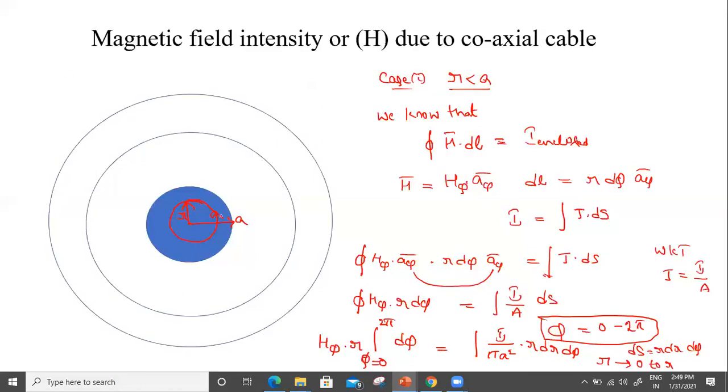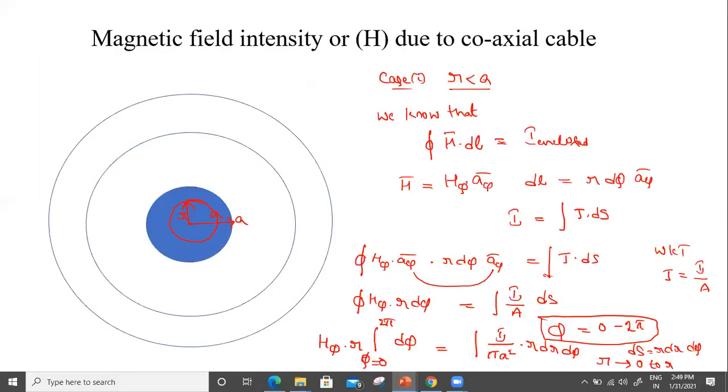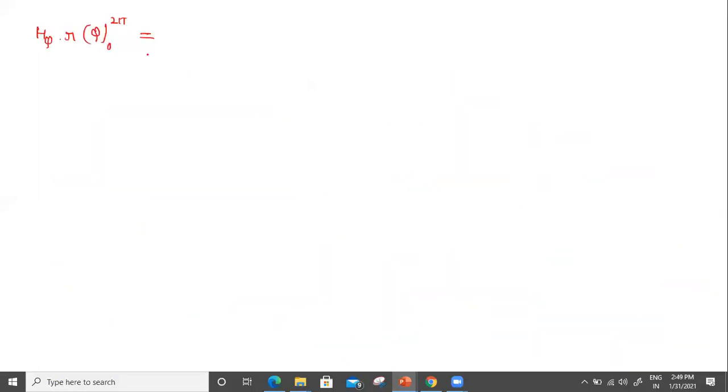So it may be written as, on the left side, H phi into r. The integral of d phi becomes phi, the limits being 0 to 2 pi. Then on the right side, I by pi a square is kept constant.